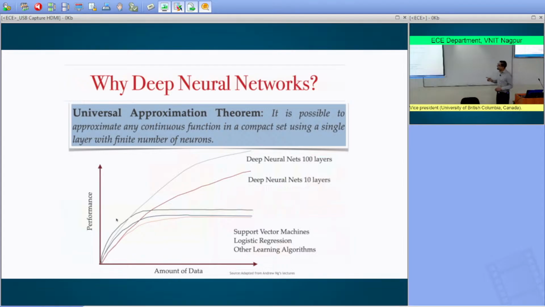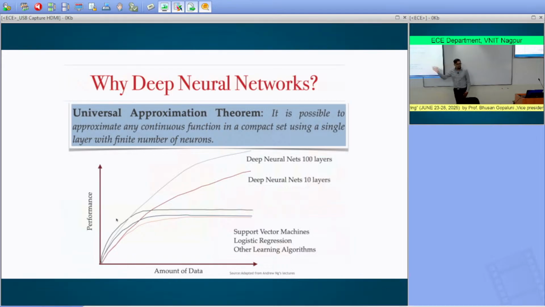On the other hand, if you have a deep neural network, let's say with 10 layers, you will find that as you increase the amount of data that is provided to this algorithm, the performance of the model keeps getting better and better. And if you increase the number of layers, you're likely to get an even better performance.